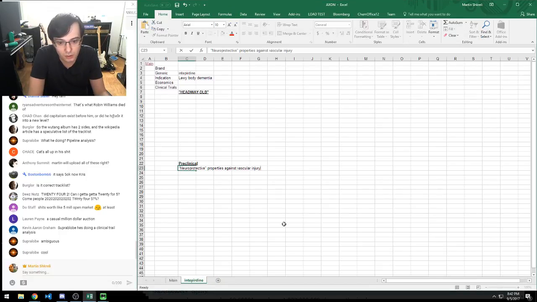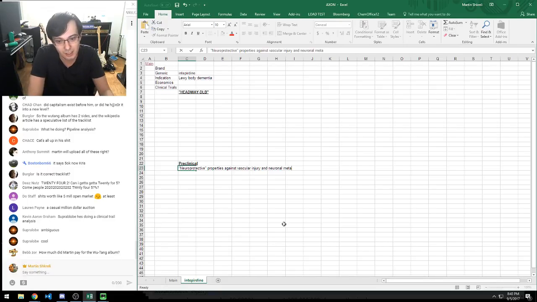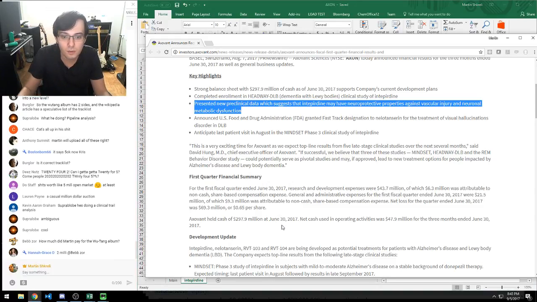Against vascular injury and neuronal metabolic dysfunction. Again, this is sort of a buzzword concept, but I'll write it down, and I'm going to note where I got this from. So I'm going to say Q2 17 press release, just in case I want to look at that further.